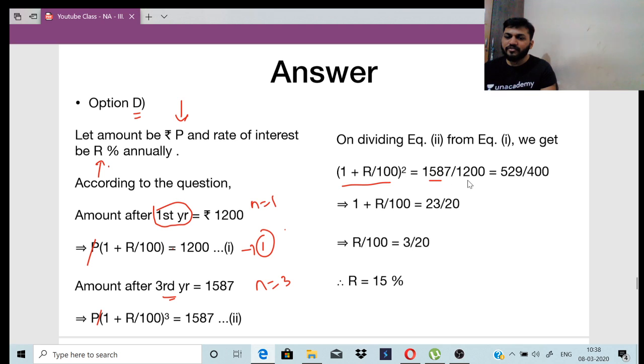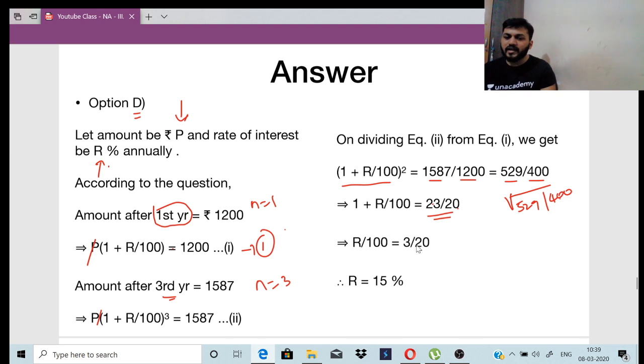Which is 1587 by 1200, which is nothing but 529 by 400. So take the square root: 1 plus R by 100 is equal to the square root of 529 by 400. 20 into 20 is 400, 23 into 23 is 529. So 1 plus R by 100 equals 23 by 20.